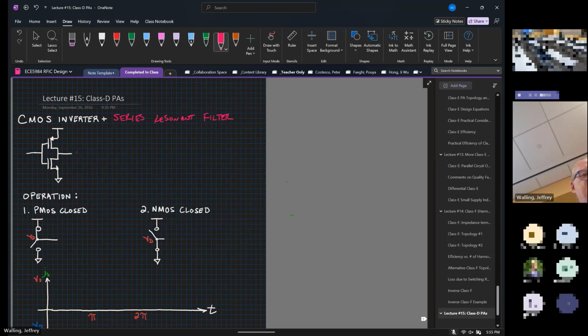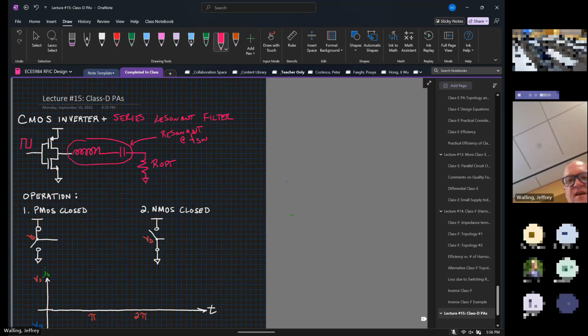So here we have our CMOS inverter, and then we have some LRC network, where the series resonant network is tuned to F switch. So F switch is just whatever our switching waveform is, the frequency of our switching waveform at the input.